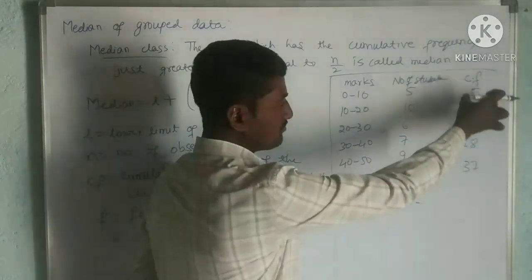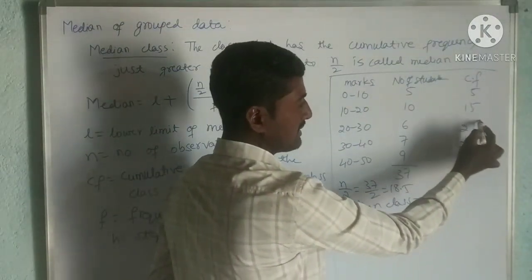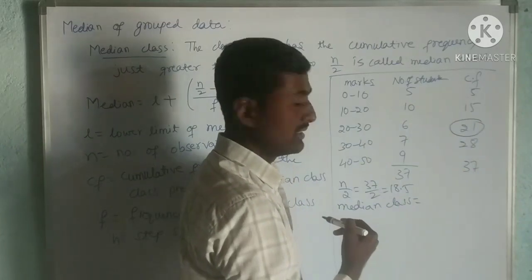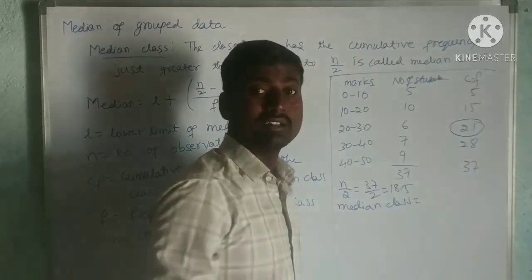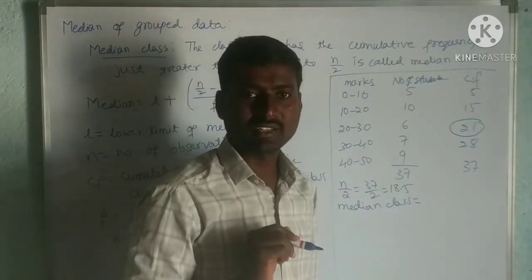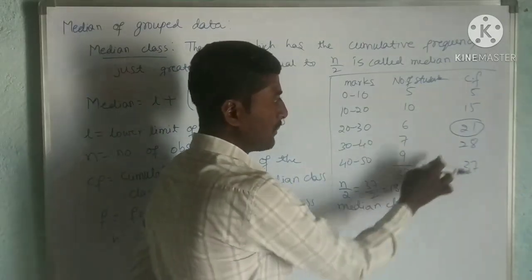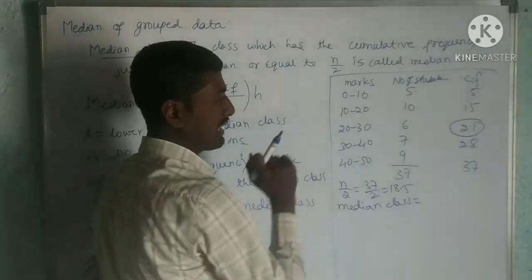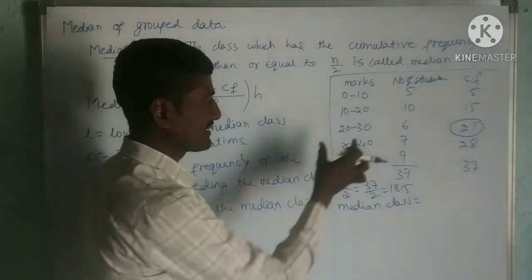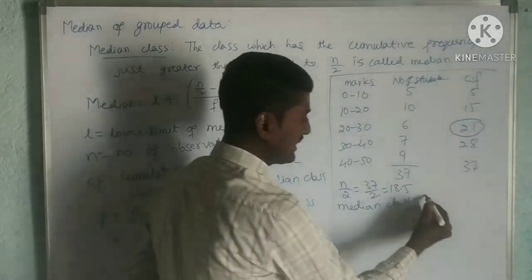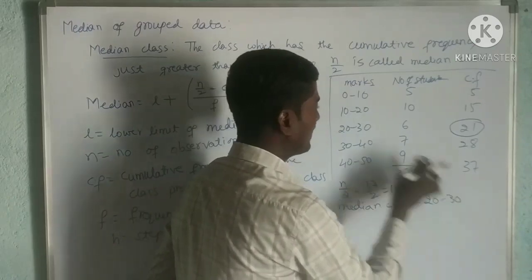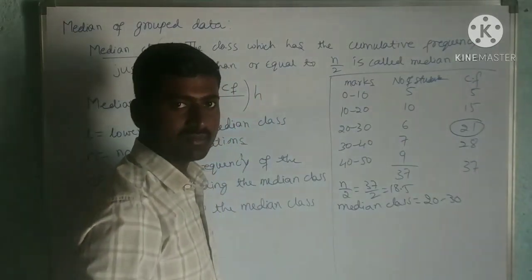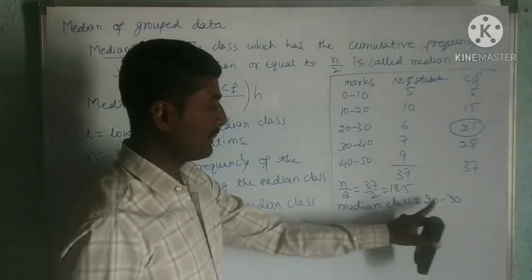Here just greater is 21. I cannot take 28 because it is not just greater. So the corresponding class is the median class, that is 20 to 30.